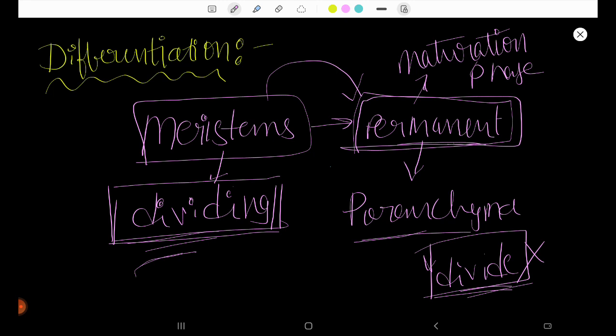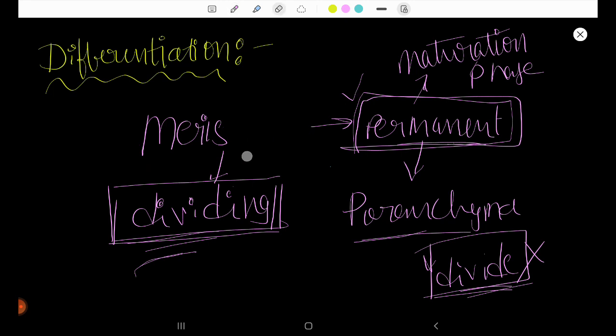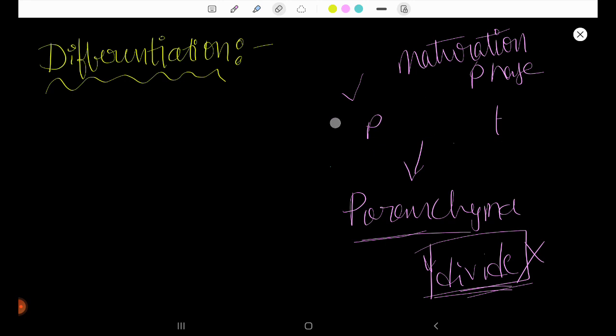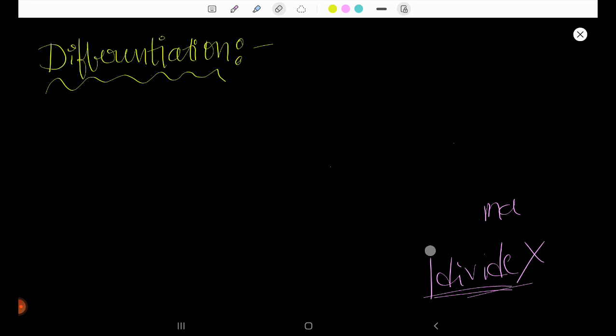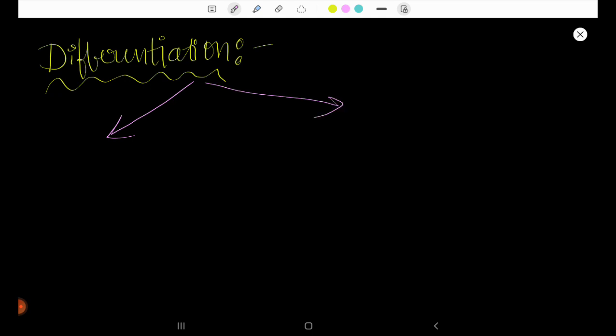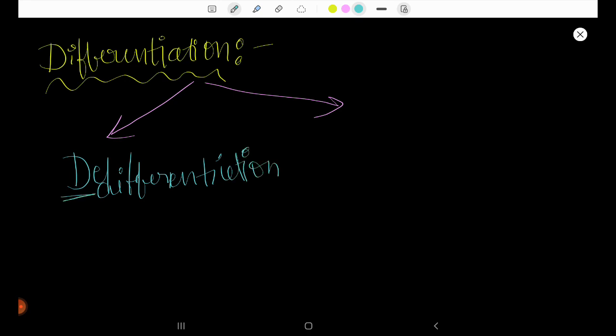In general we have two types of differentiation. Let's see them one by one. The first one is de-differentiation.